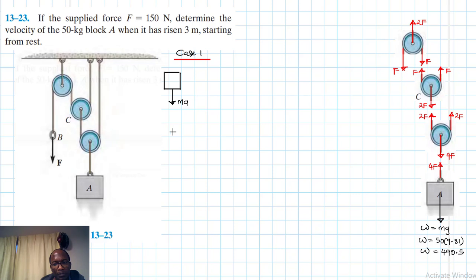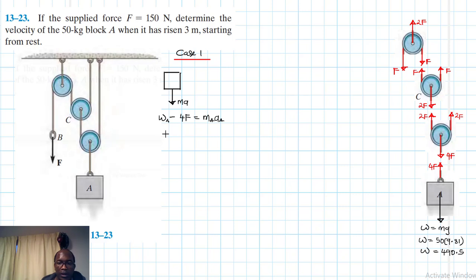We'll have W minus 4F, this is just W, and then we have 4F equal to MA.